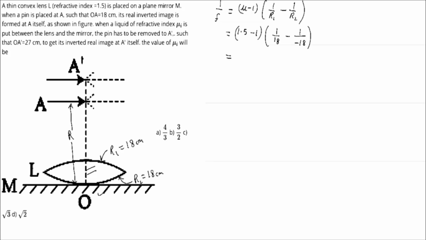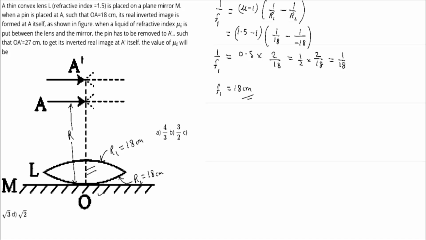So we are getting 0.5 into 2 upon 18, which we can also write as 1 upon 2 into 2 upon 18. So we are getting 1 upon 18 as the value of 1 upon F. This is for the first case for the lens, so we write this as F1, and the value of F1 is 18 centimeter only.